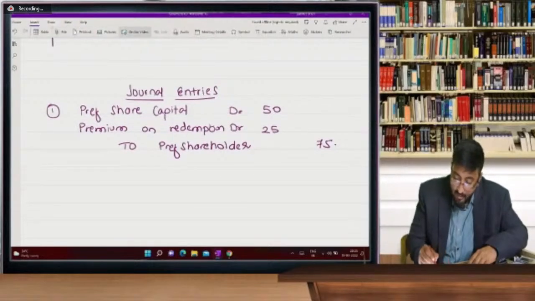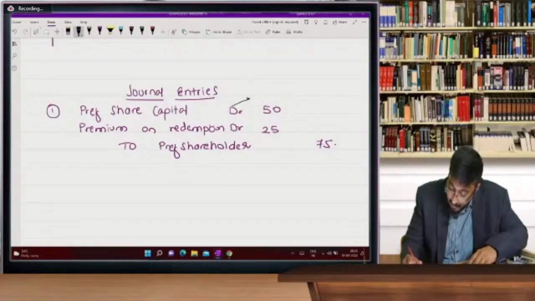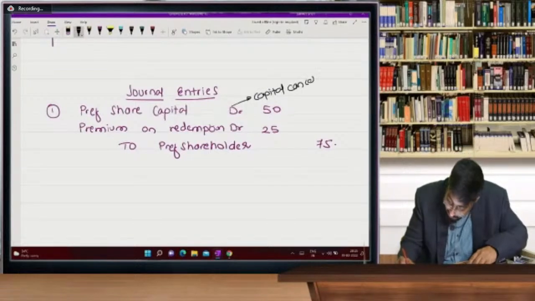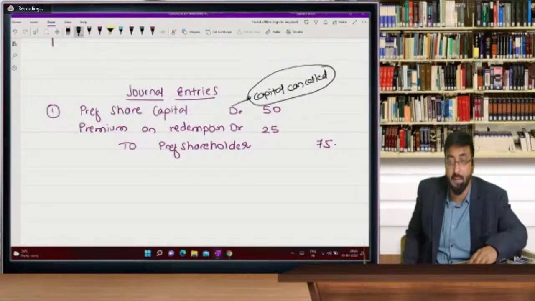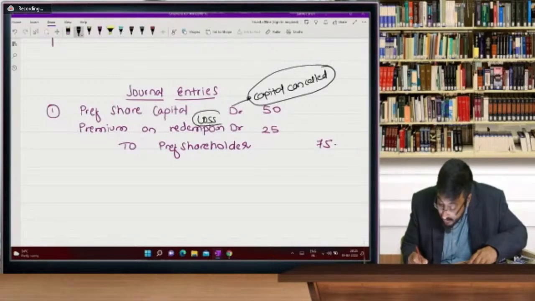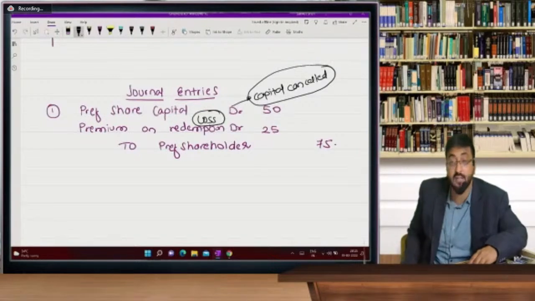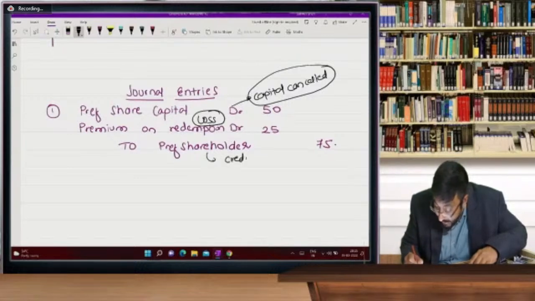Why this entry, beta? Write it with a pencil. Here capital is cancelled, therefore debit. Premium on redemption is a loss. Excess amount is the company's loss. And preference shareholders are creditors.